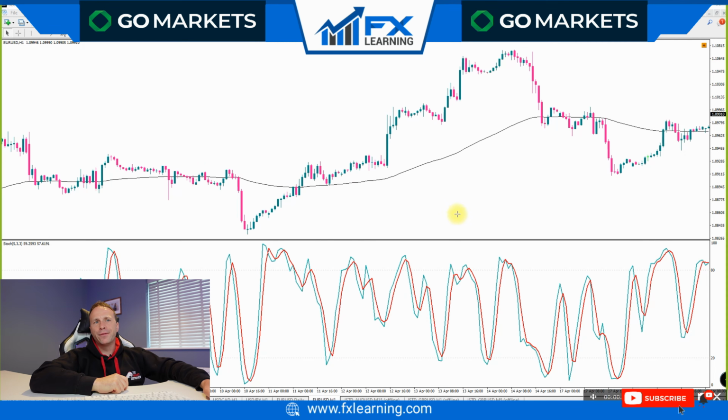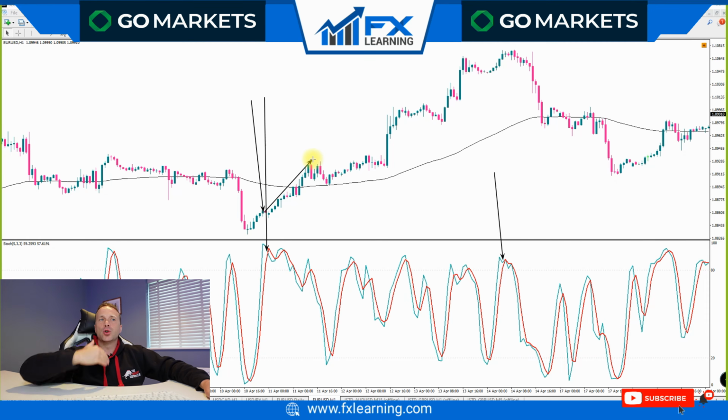Now let me explain how we can use this to its full potential. As a rule of thumb, when the stochastics goes overbought, the market is considered overextended and price will go down. But realistically, that doesn't always happen, because as you can see here, the stochastics has gone overbought, however price hasn't. It just continues up. And again, the stochastic has gone overbought and yet price continues up.